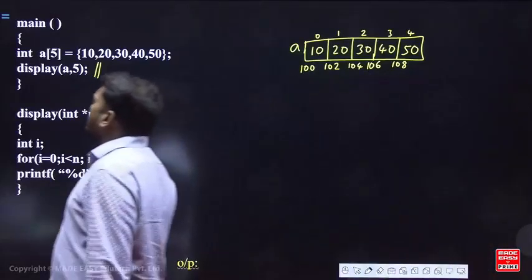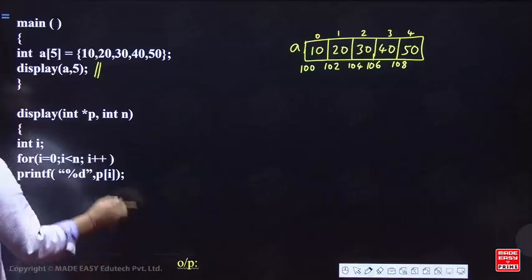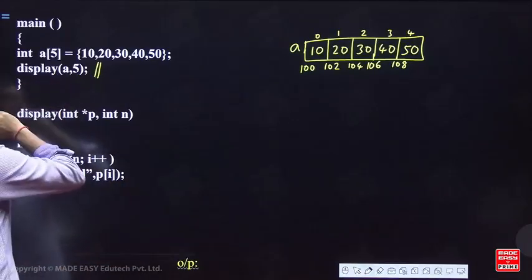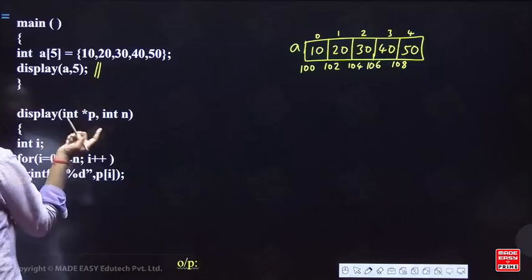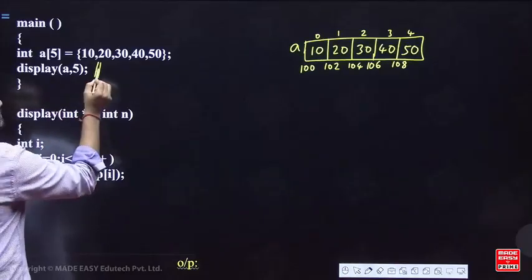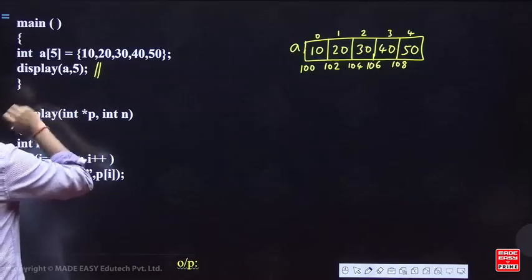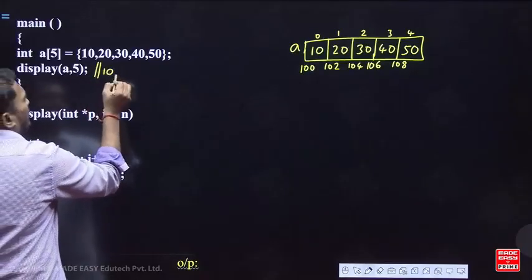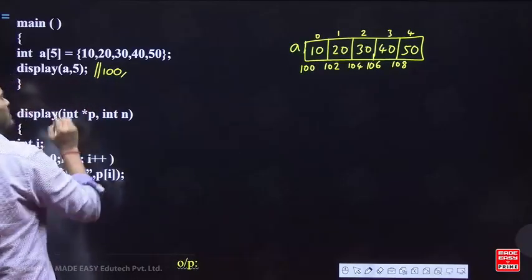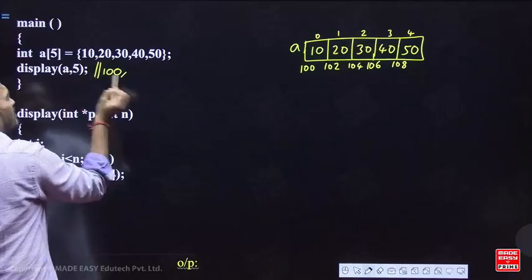You are passing a here in the display function. So what is the meaning of a? You know that very clearly. a means the base address of the array. What is the base address of the array? 100. Is that clear? Next is what here? 5. 5 is an integer.